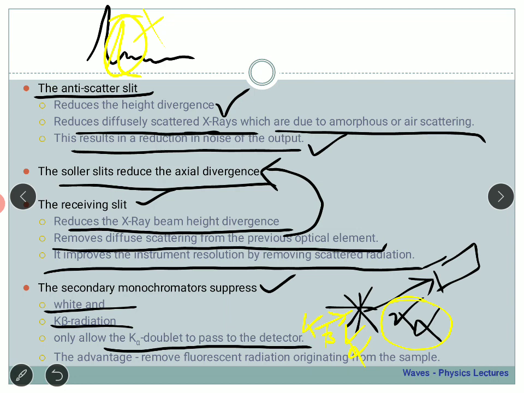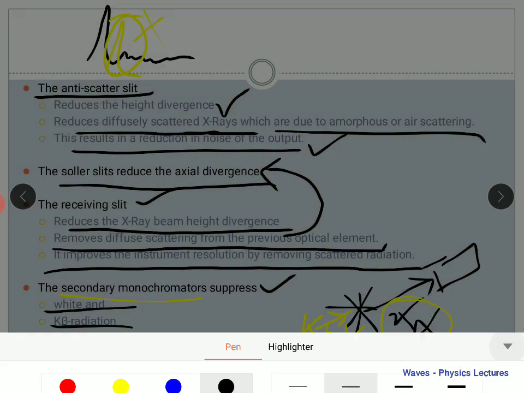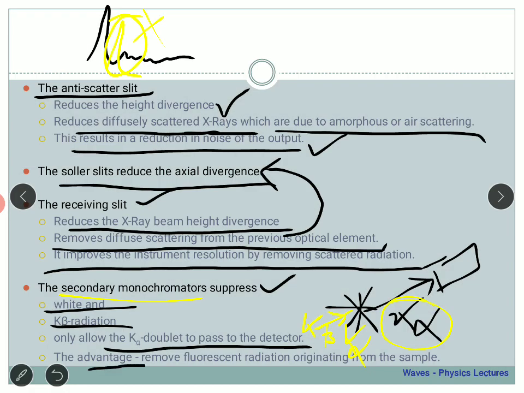That is the role of the secondary monochromator. Another very important advantage is to remove the fluorescent radiation originating from the sample. If any fluorescent radiation is present in the sample, it should be removed, because my aim is not to study the fluorescent radiation, my aim is to study the crystal structure and so on. So detect the X-ray and put it into the detector.